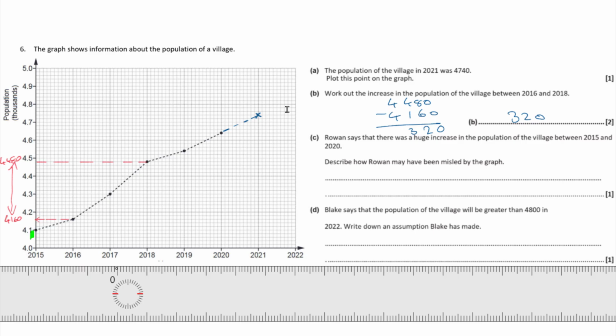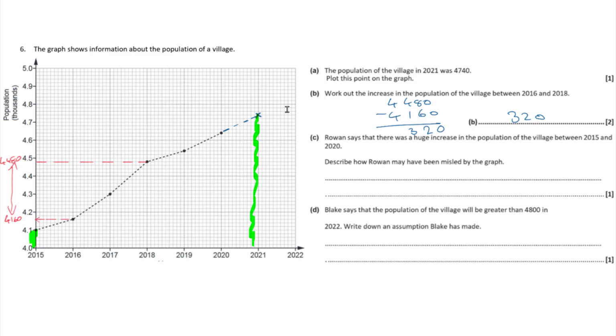It's just this little wibbly bit here, and then this looks like loads taller. But actually what's gone on here is that the graph isn't starting at 0. We're already at 4,000, and we've just increased to 4,700, which is an increase, but is it a massive increase? No, it's not. So I think he's been misled by the fact that there is a broken scale and it hasn't been marked.